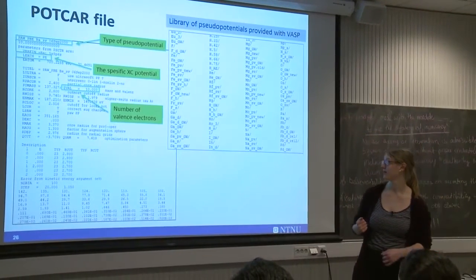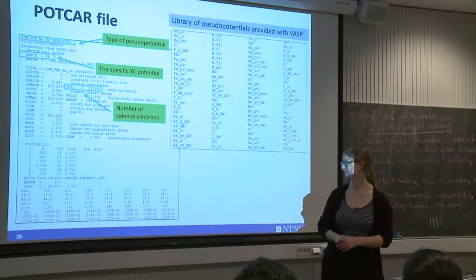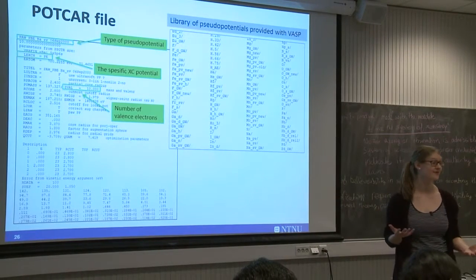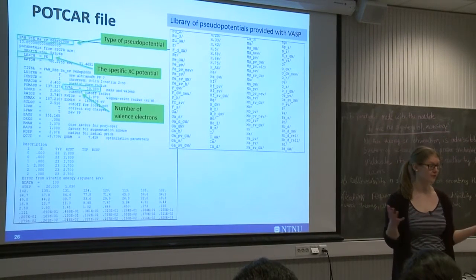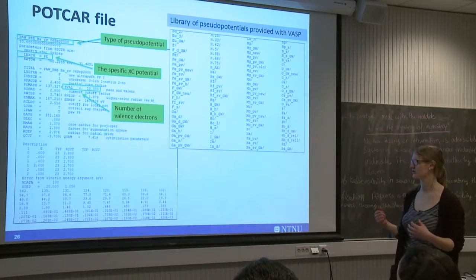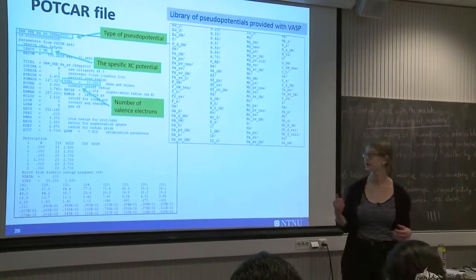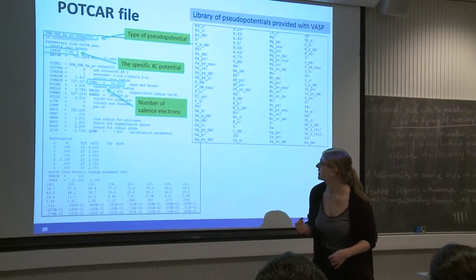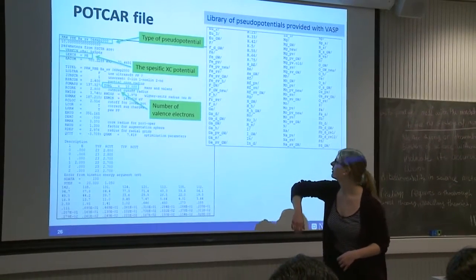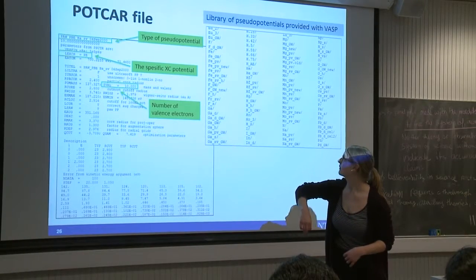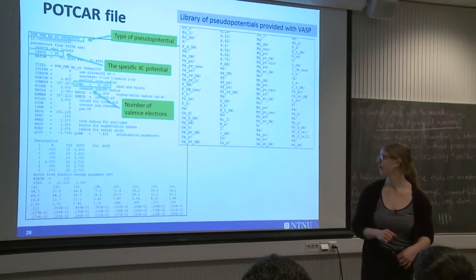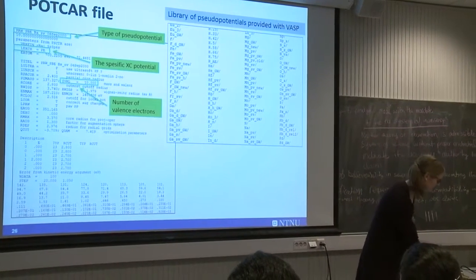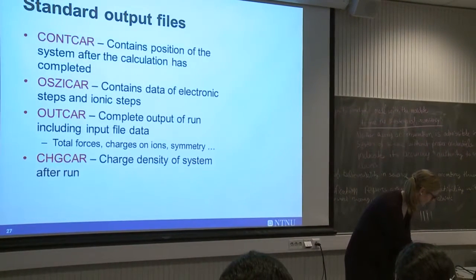And you can choose different pseudopotentials for the same element by changing the number of valence electrons, which are free to move, right? So this is one for barium. Yeah, it's a big file, it contains a lot of stuff.